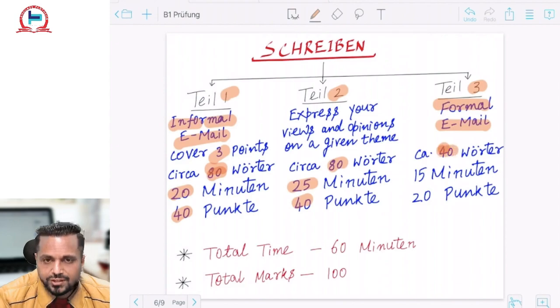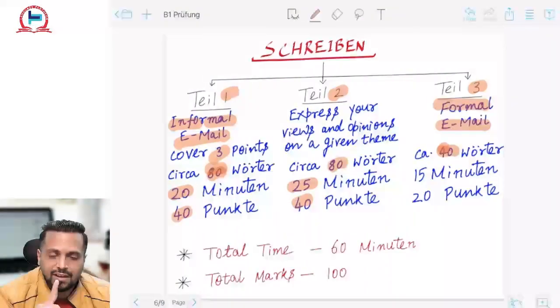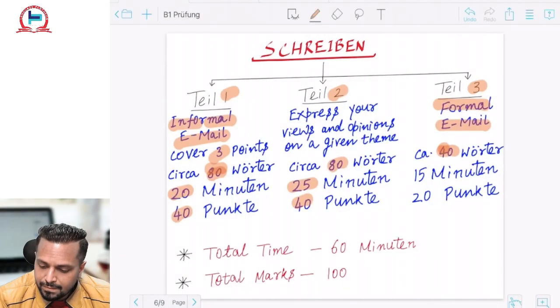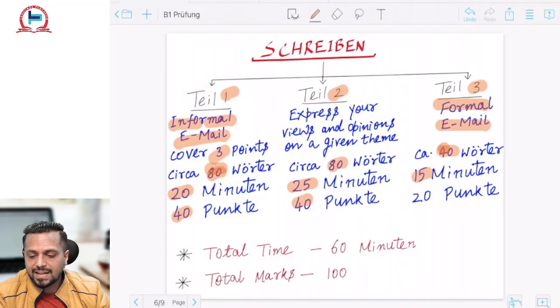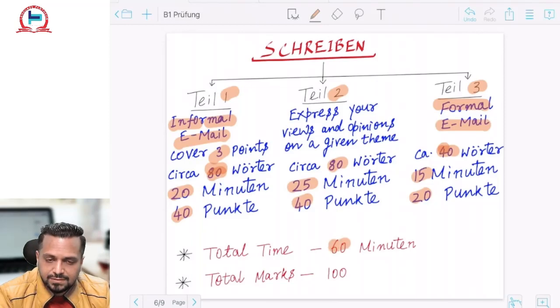Approximately 40 words you have to write. It should not be very long. It should be brief, precise, and concise, to the point. 50 minutes is the allocated time, and the maximum marks that you can obtain here is 20. So total time is 60 minutes, and the total marks that you can obtain is 100.